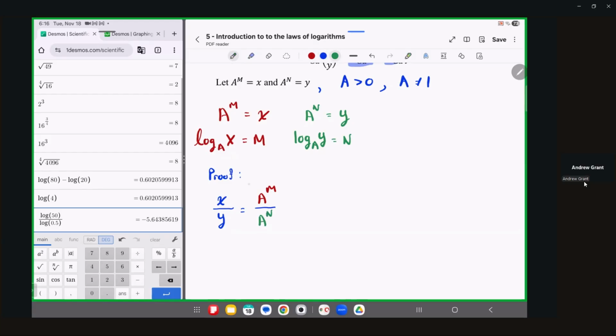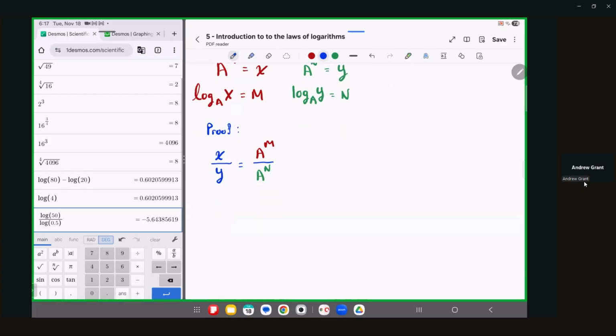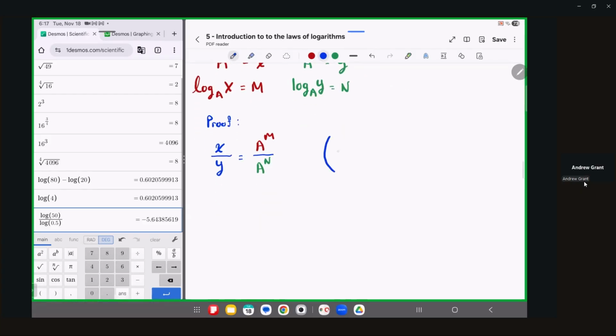So if I take x divided by y, that's the same thing as a to the power of m divided by a to the power of n. So our first step here is to divide x by y, and they're equivalent.